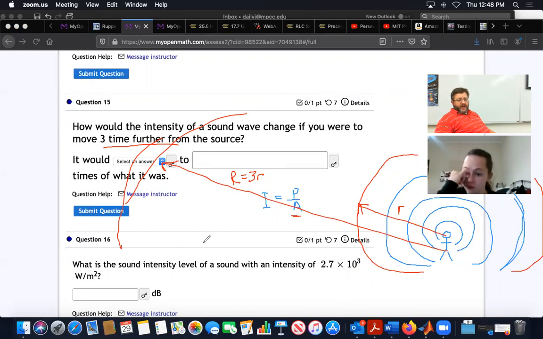Well, the area of a sphere is, let's see, 3/2 pi r squared or something like that. I can't remember exactly what it is.